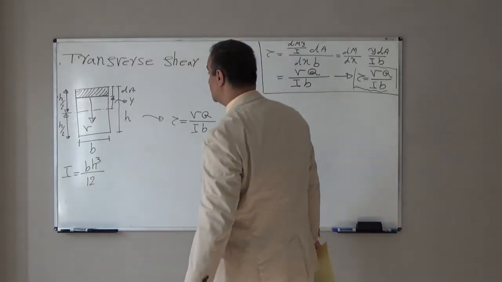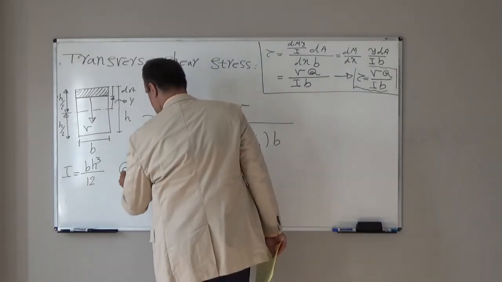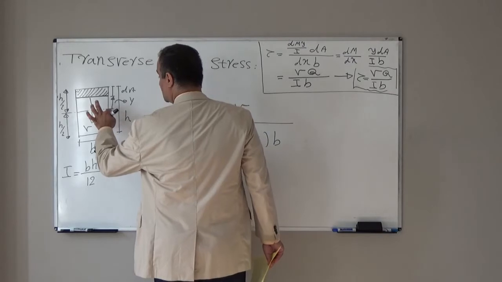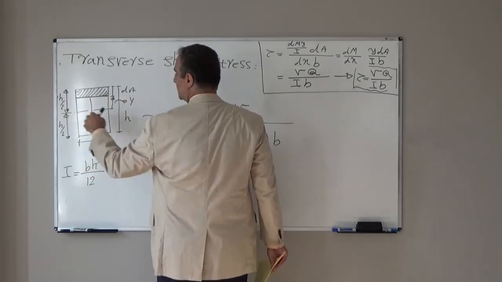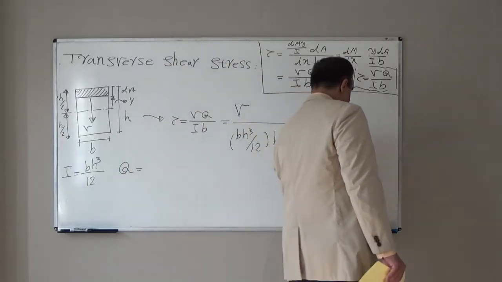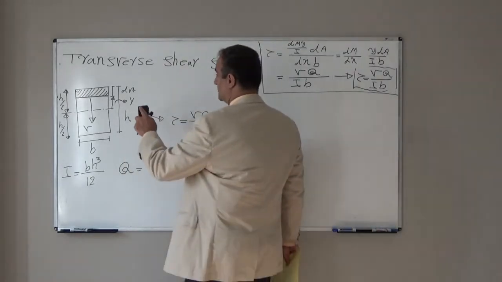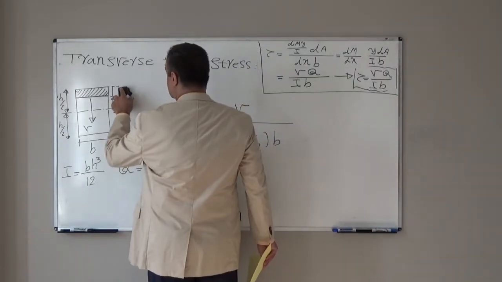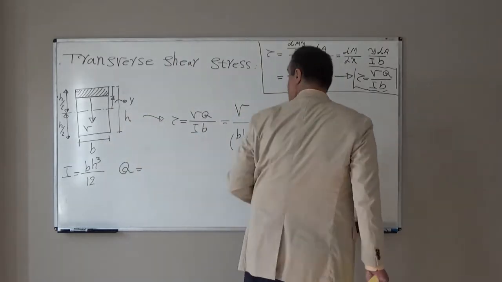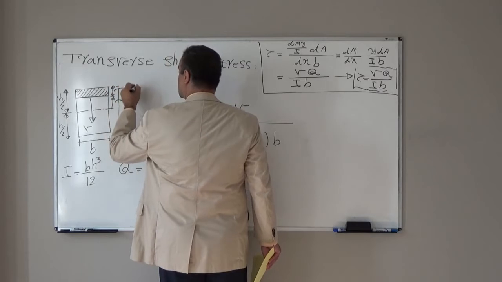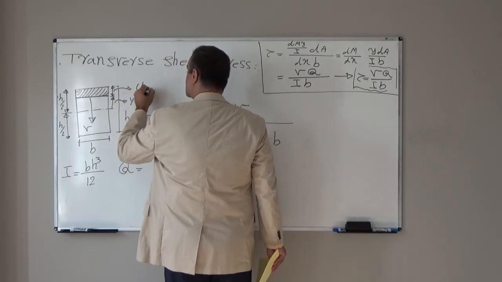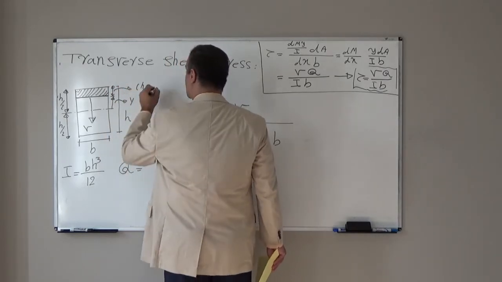Let's look at the Q. From the neutral axis up to here, I assume it is y. The entire height is H over 2, so this height I can show with H over 2 minus y.